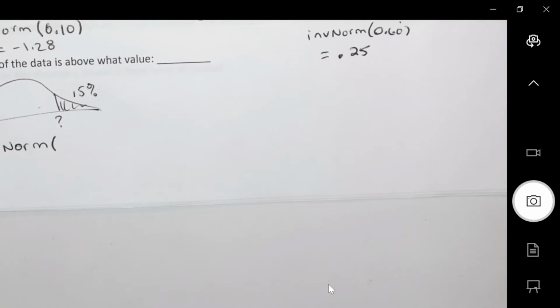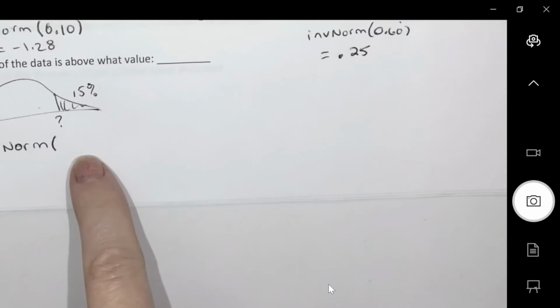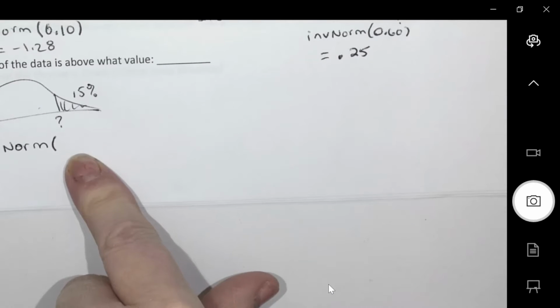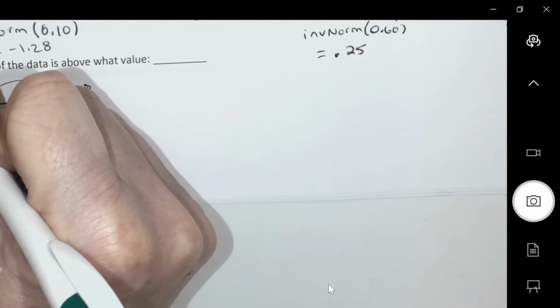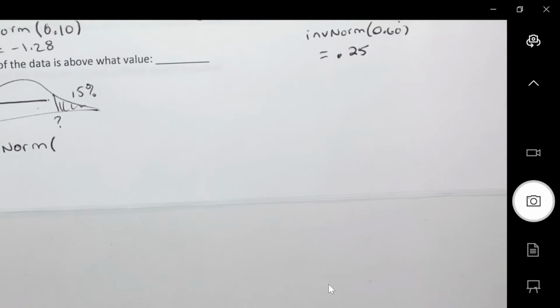I have a problem here. What is the problem that I am dealing with? I can't type 0.15 in there. Why? What does this always tell me to put in? What's below me? You always have to do what's below you.